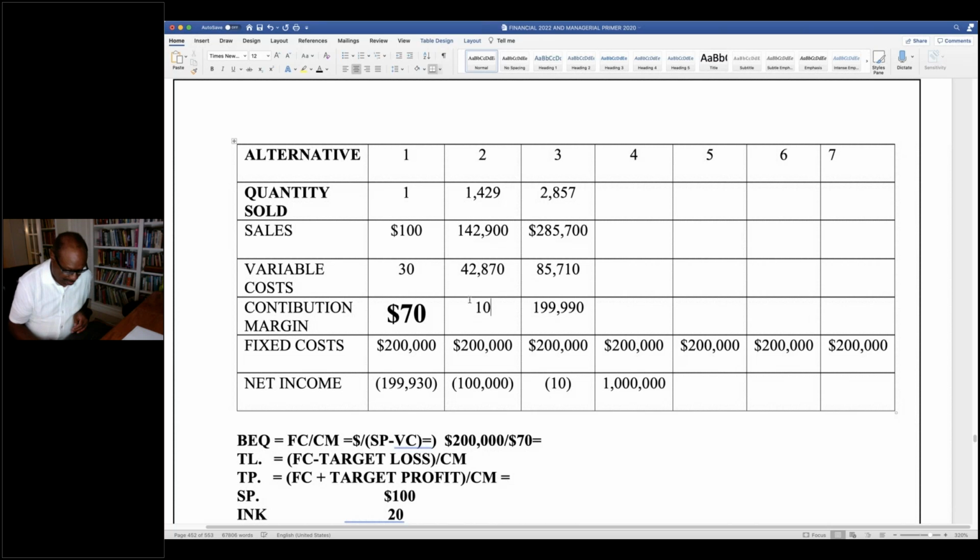100,030. No, 030. Okay, I'm subtracting. So what's your loss?